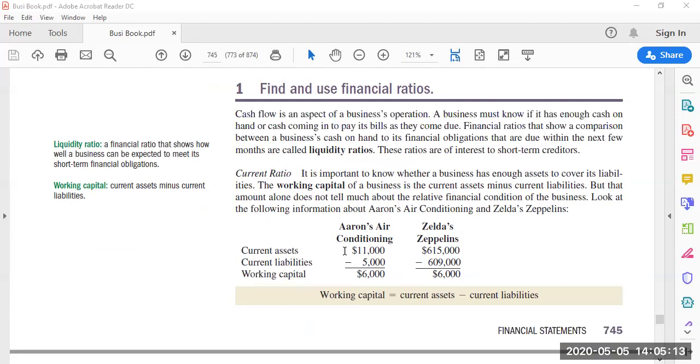Their working capital is $6,000. Zelda Zeppelin has a large amount of current assets, $615,000, but their current liabilities are also large, $609,000. So their working capital is also $6,000. So working capital is the difference between current assets and current liabilities.